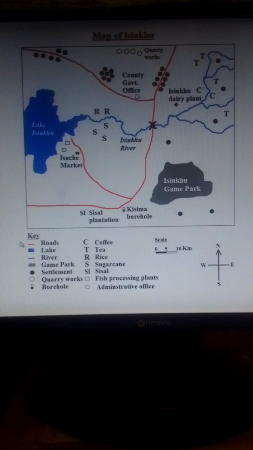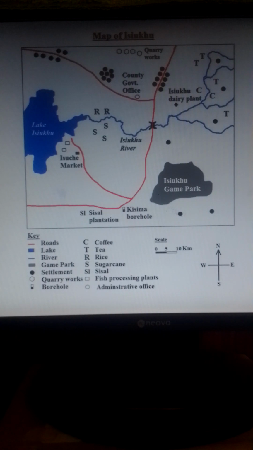In this map, we have the key with these symbols and the explanations. This symbol is for roads, this symbol is for lake, this is for river, this is for game parks, and so on. So symbols explain the physical and man-made features on a map, and that is the key.